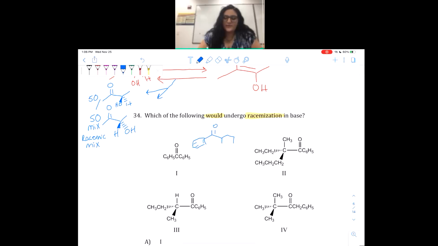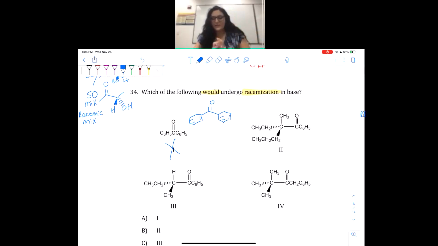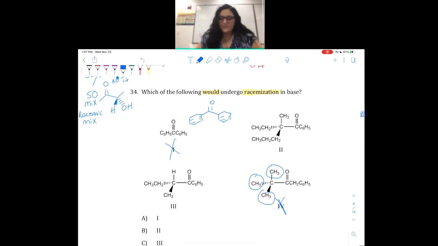Can we have a chiral center here? Nope. All right, now these three all have wedges and dashes, but one of them we can kick out immediately because it does not have multiple unique groups. Which one do you guys think that is? Number 4, exactly, because all of these are exactly the same, so that cannot be chiral.